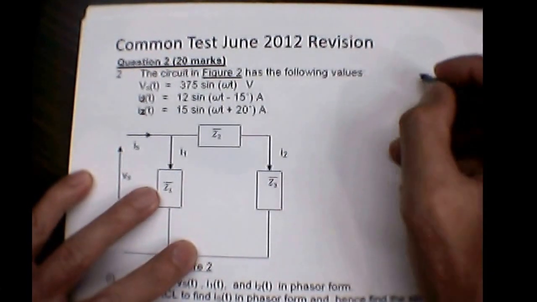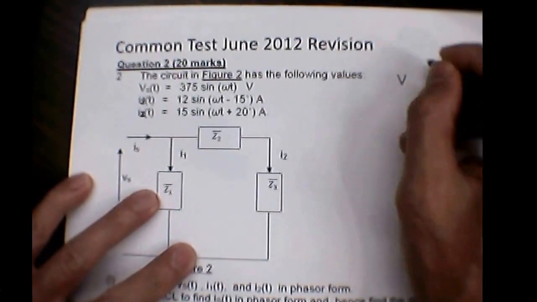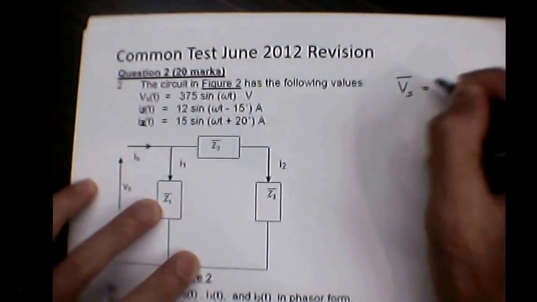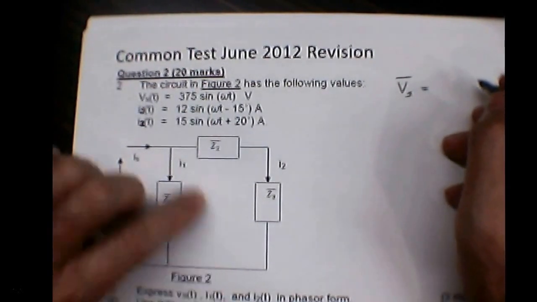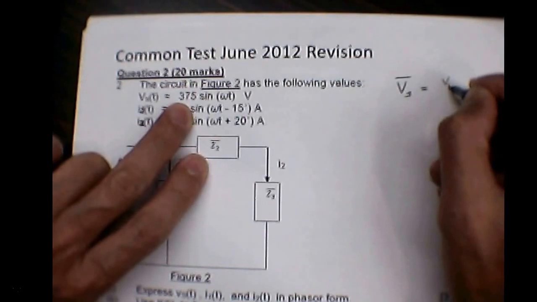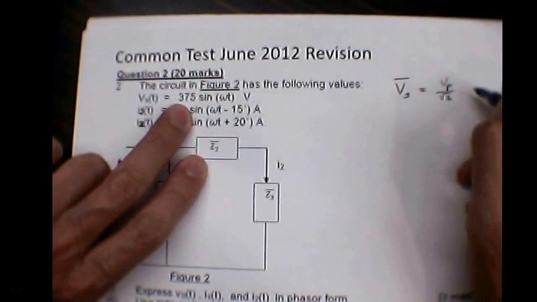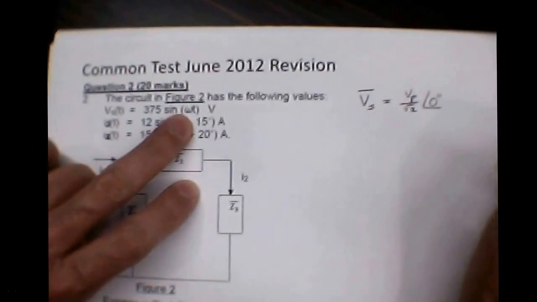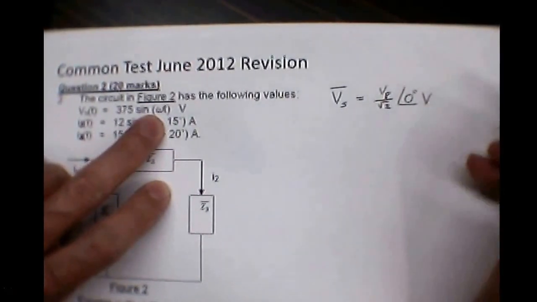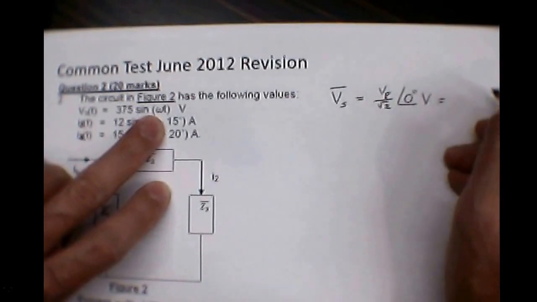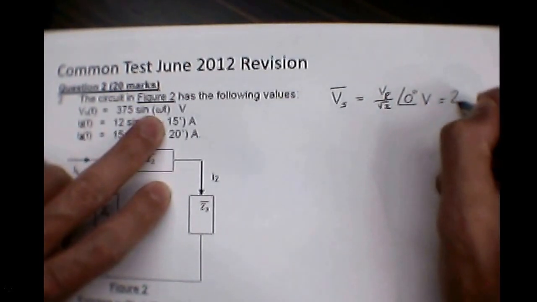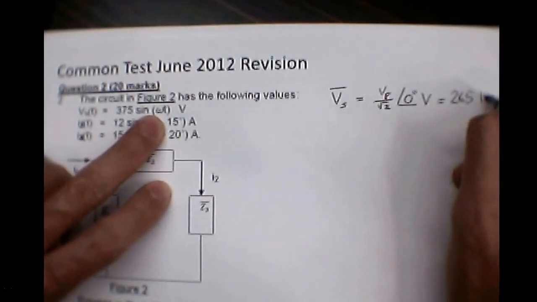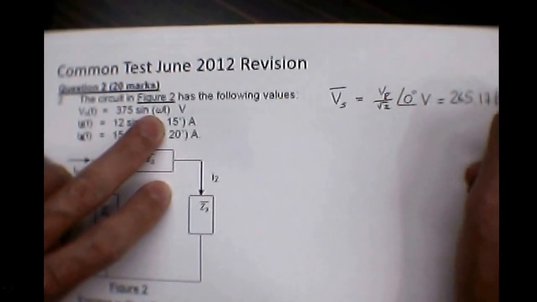We have Vs in phasor form equals the RMS value, which is the V peak over root 2, at an angle of 0 degrees, because there is no phase shift, and that equals 265.17 angle 0.